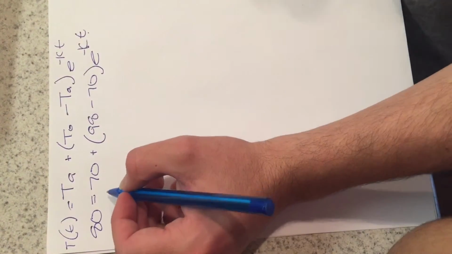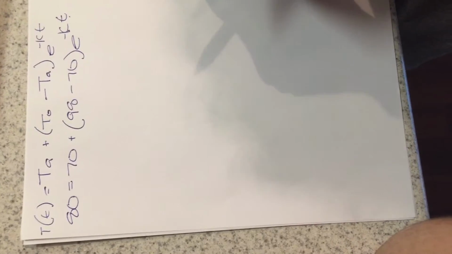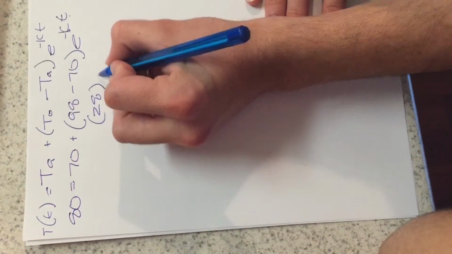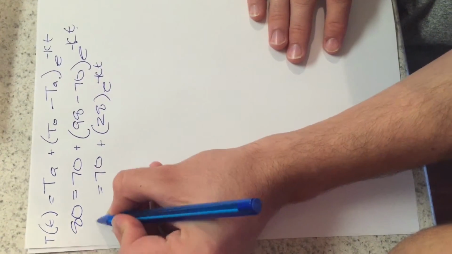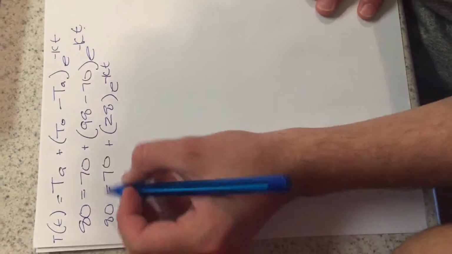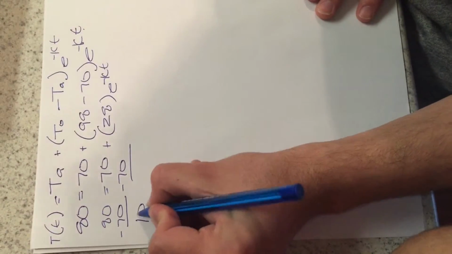The first thing you're going to do is your parentheses. So you're going to do 98 minus 70 on your calculator because, well, you want to stay accurate. So 70, 80, alrighty. So your next step is going to be, you're going to subtract the 70 from the 80. That equals 10.